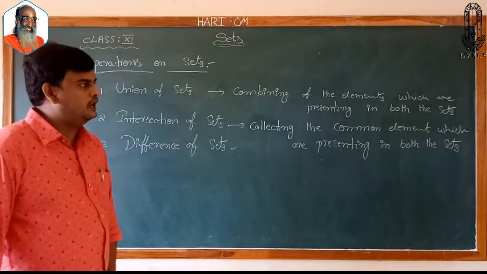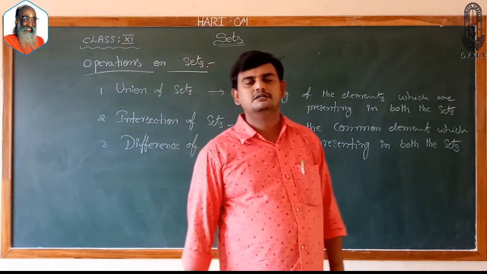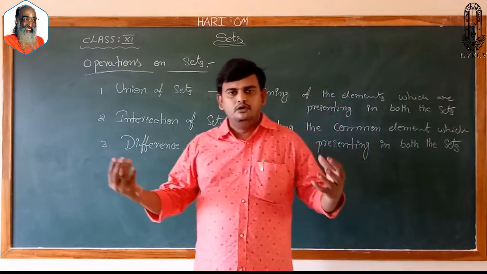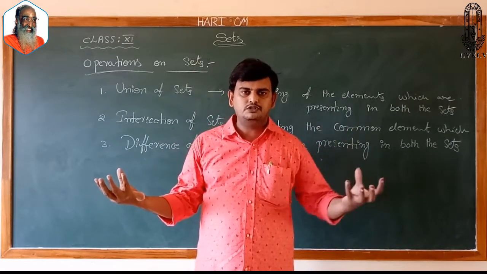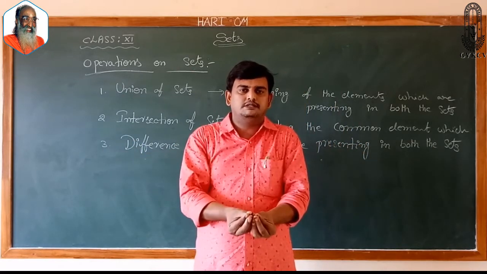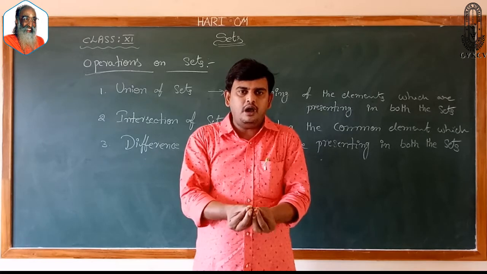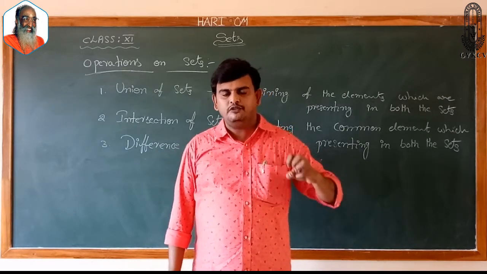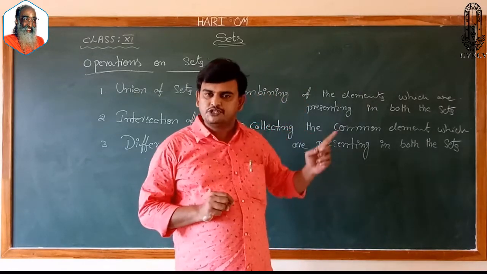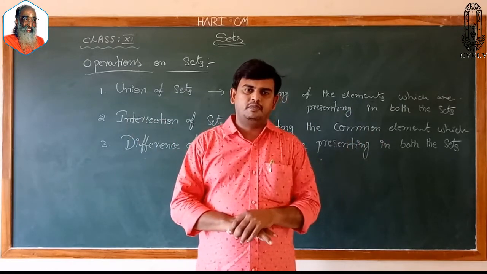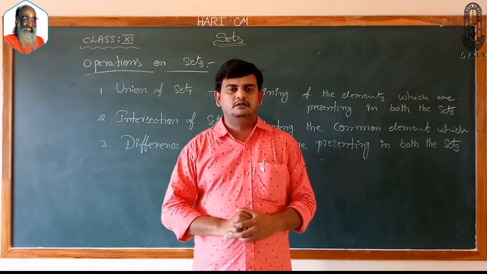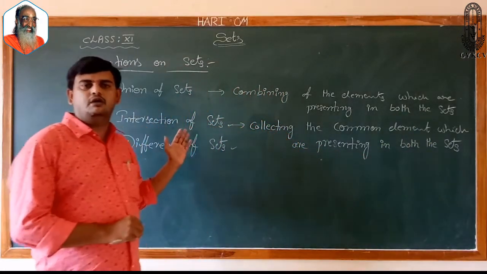In set A we have a few elements, in set B also we have a few elements. From both, we need to collect the common elements. Collecting the common elements from both the sets is called intersection. The first one is combining all. The second one is collecting only the common elements and forming a set. That is called intersection of sets.